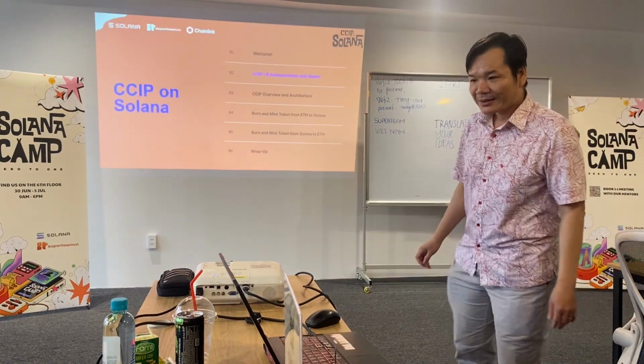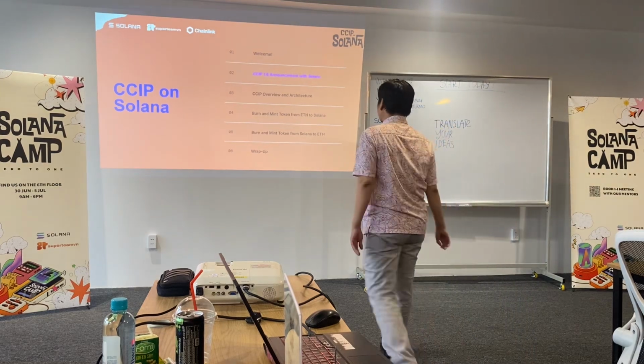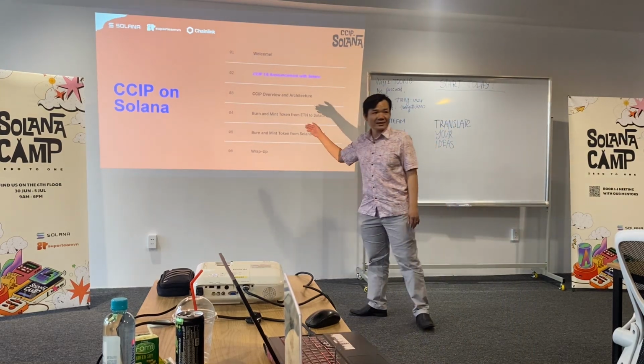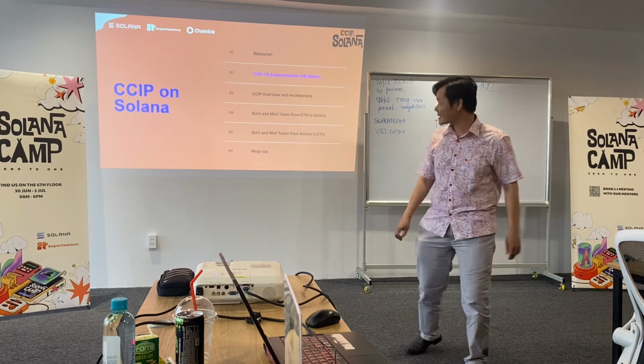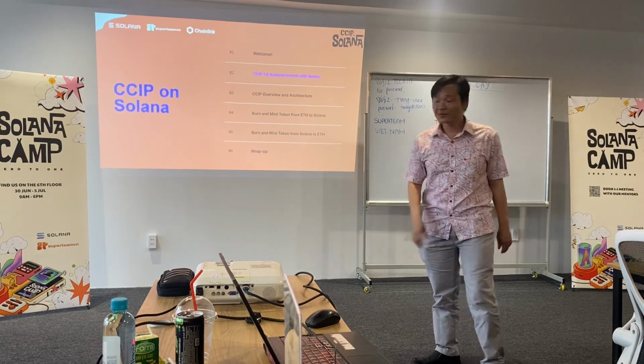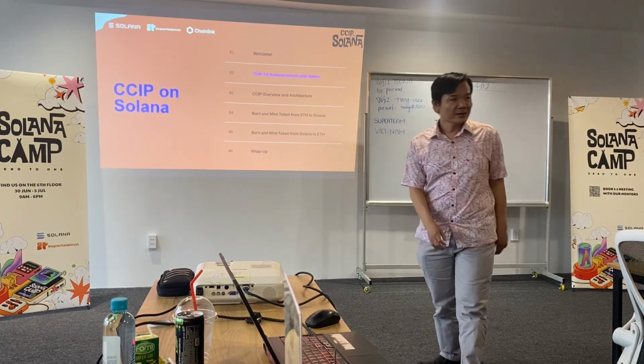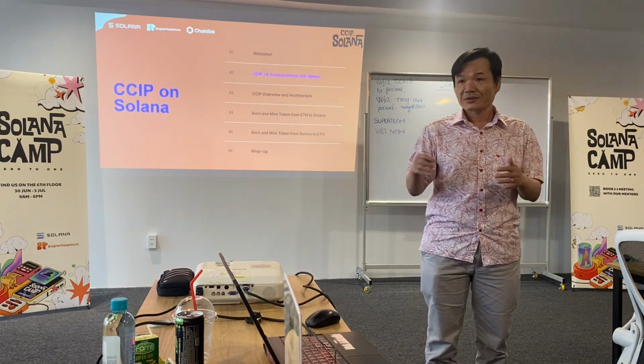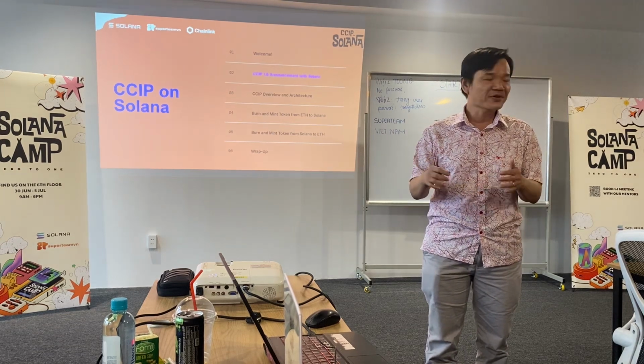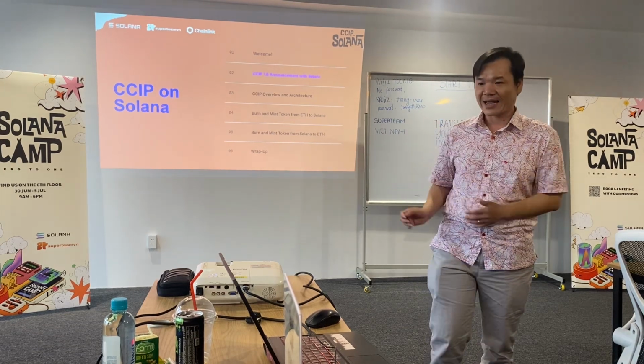Now, the first thing I will introduce is CCIP version 1.6. That's the new version we deploy for transferring tokens and assets from EVM to Solana.